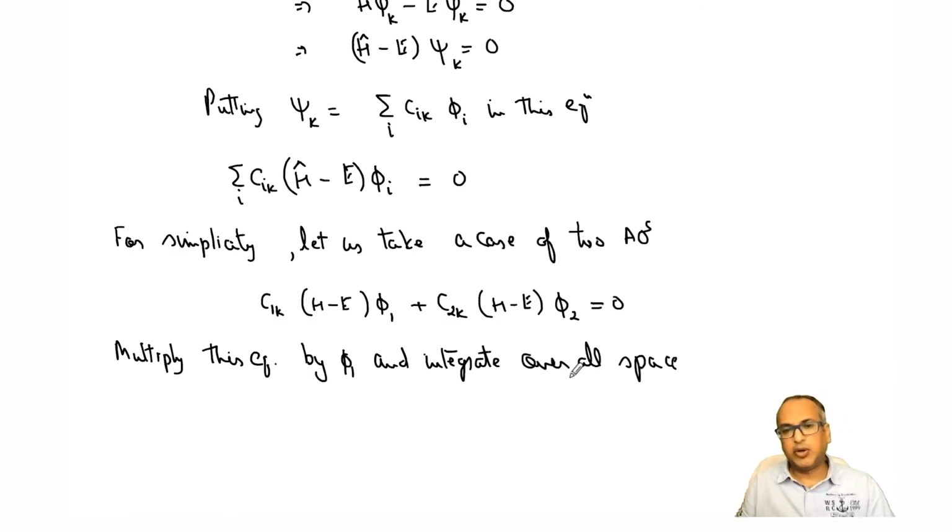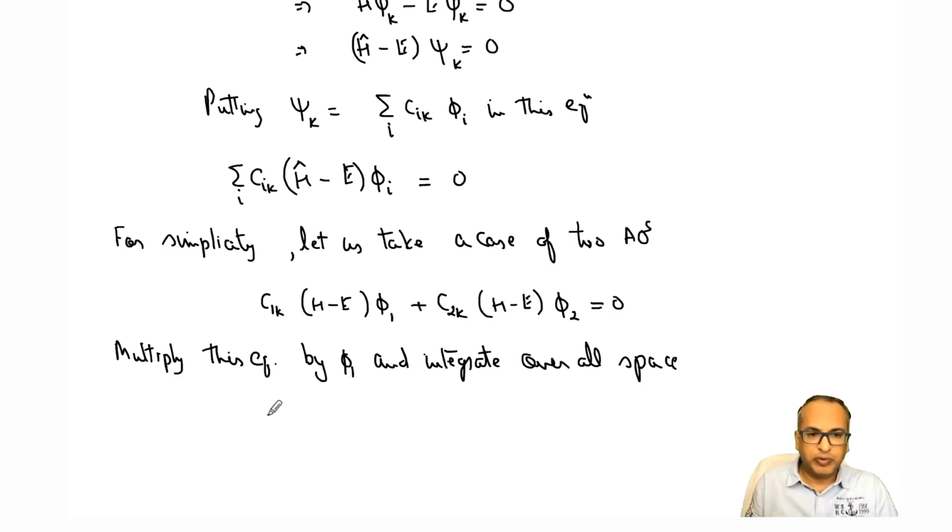When I say integrate over all space, I mean integrate over the space within the boundary conditions of this atomic orbital, beyond which it will cease to act as an eigenfunction. So only integrate within the boundary conditions, not over all space. But in general, we just write d tau so that we don't have to define the limits here. Okay. So both sides by phi 1 and then integration.